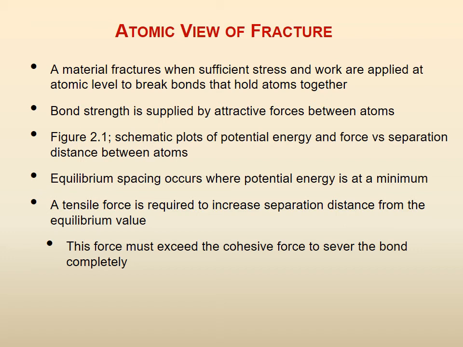Orbits are divided into shells and so on. So how can we explain fracture of a material based on the atomic theory? So the most fundamental thing is a material fractures when sufficient stress or work are applied at the atomic level to break the bonds that hold atoms together, right?